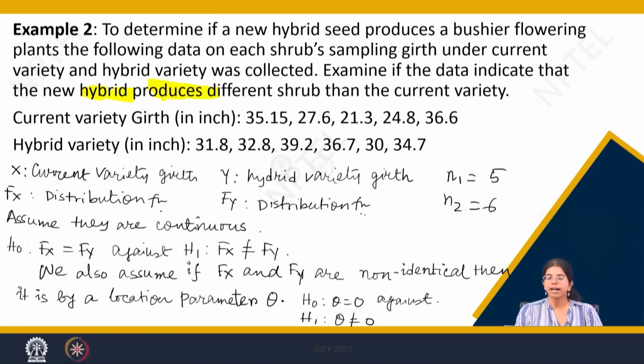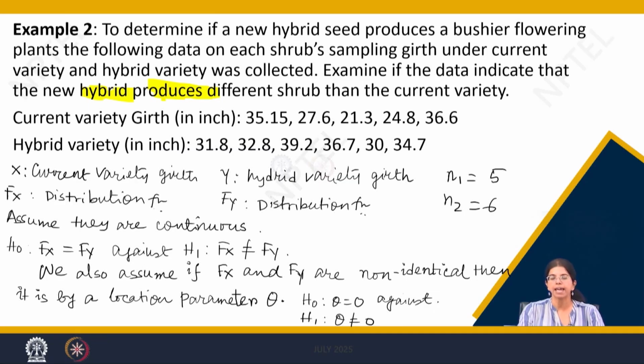So if you consider current variety girth as X and Y is the hybrid variety girth, then what we need to test is Fx equal to Fy against Fx not equal to Fy. Why not equal to? Because look at the final sentence of this question, that the hybrid produces a different shrub.